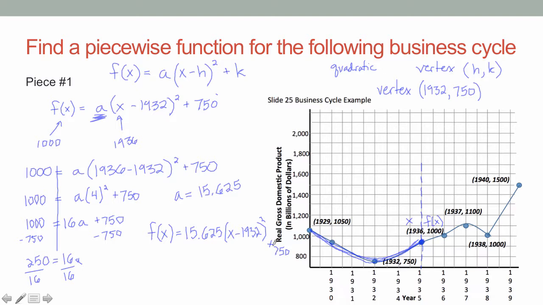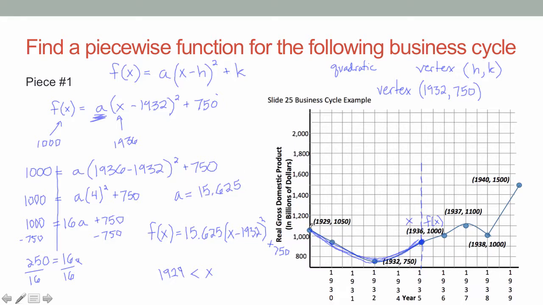Now, there's my function, but I only want a piece of it, right? That's not the entire thing, so I need to say that this function only works for the values of x that are greater than 1929, because I'm not given any information beyond 1929. I don't know what happens out here.